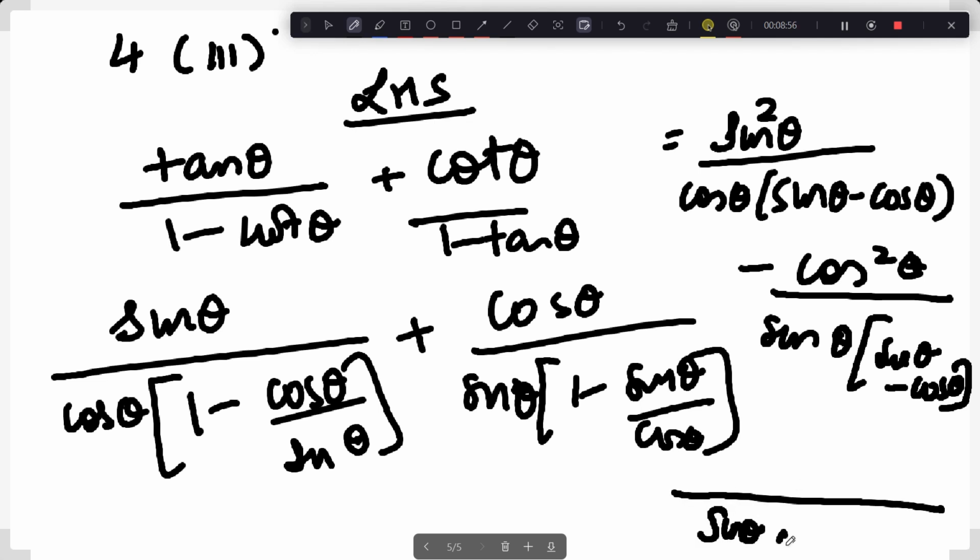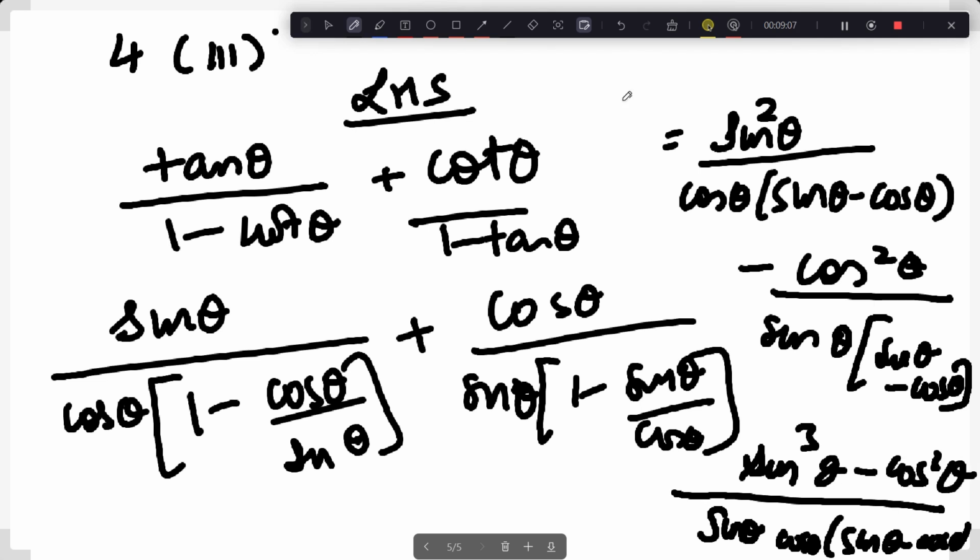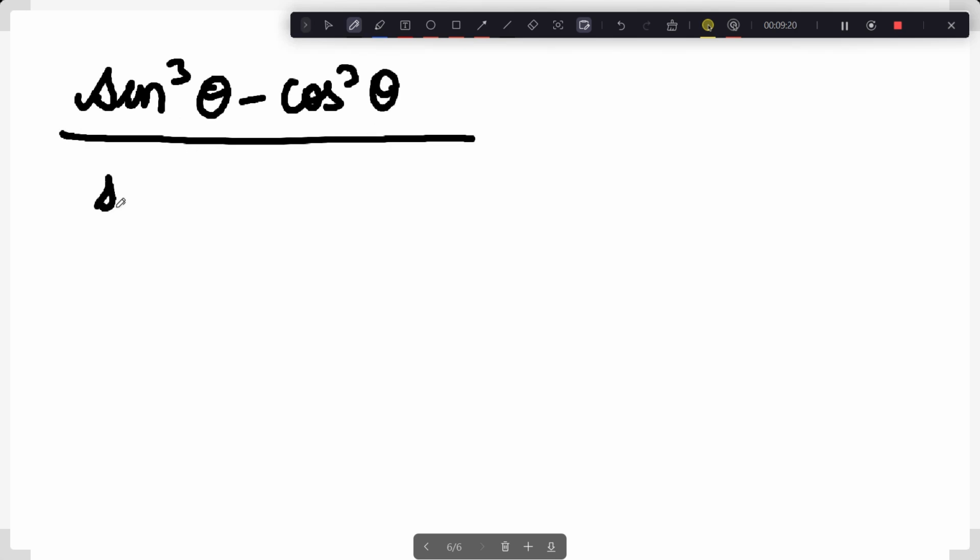Now denominators have sine theta cos theta and sine theta minus cos theta. Numerators have sine cube theta minus cos cube theta. Writing it again, fresh page. Sine cube theta minus cos cube theta, right? Sine theta cos theta and sine theta minus cos theta.